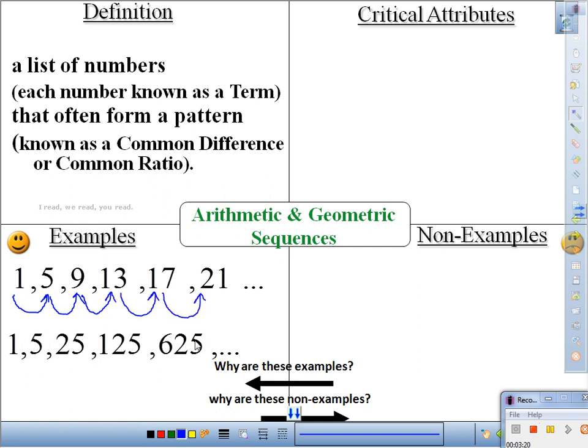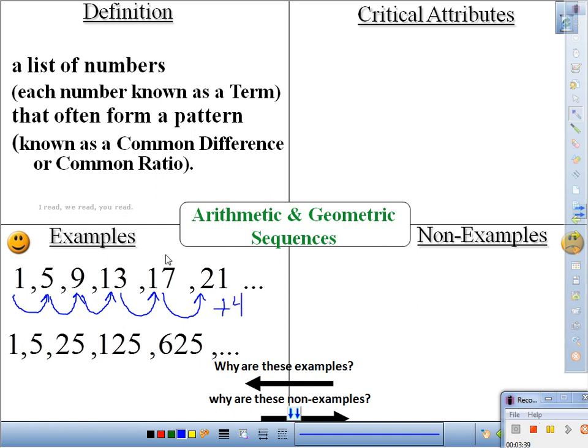Tell your neighbor what's happening from one number to the other. Who sees that they're adding 4 all the way through from one number to the next? Is there any break in the pattern? No, it's consistent. So they're adding 4.